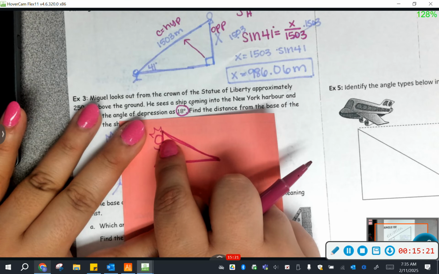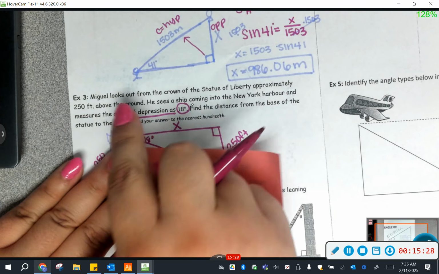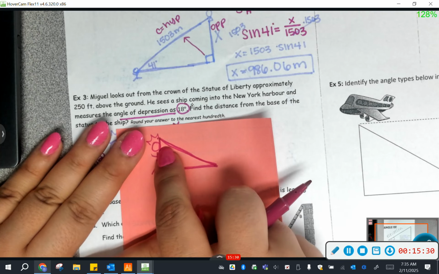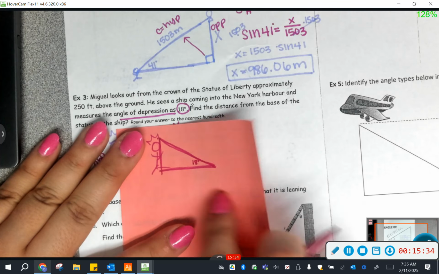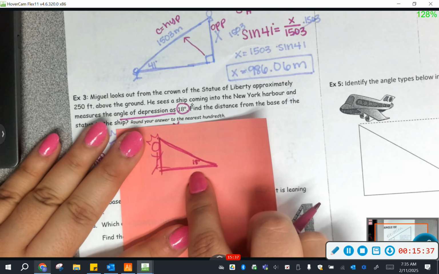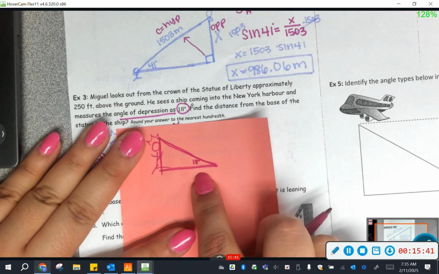Why? An angle of depression has to have what? A horizontal line. Is there a horizontal line right there? No. So you would have to put the 18 down here if you wanted to do that. Remember, an angle of depression and an angle of elevation are the same thing as far as degrees.